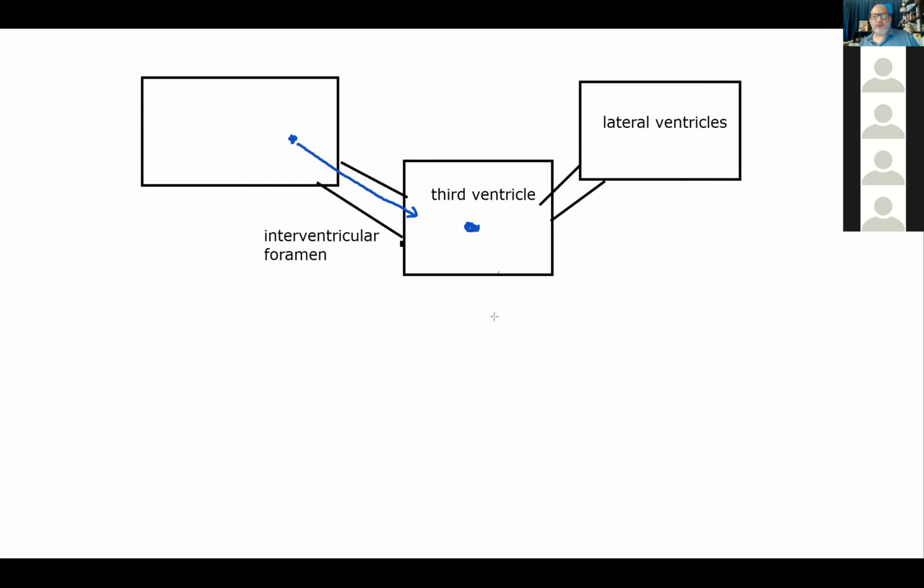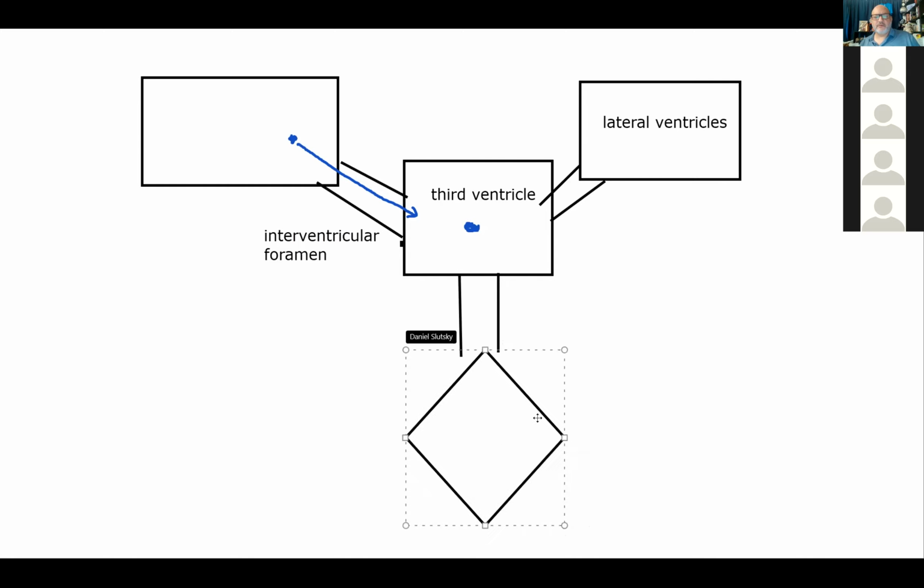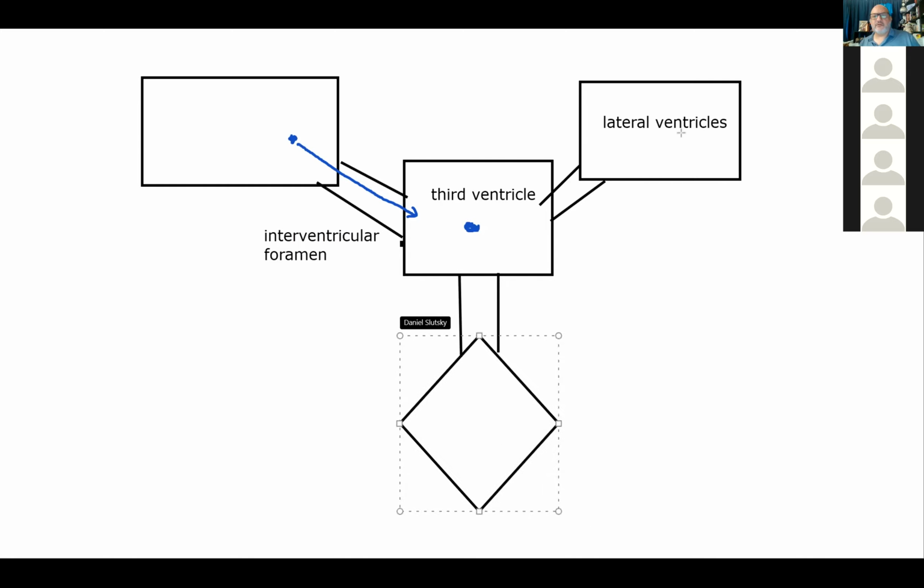There's still only one place you can go, into the fourth ventricle. That diamond shape ventricle, and there's only one way to get there. Cerebral aqueduct, or what is also known as the aqueduct of the midbrain.